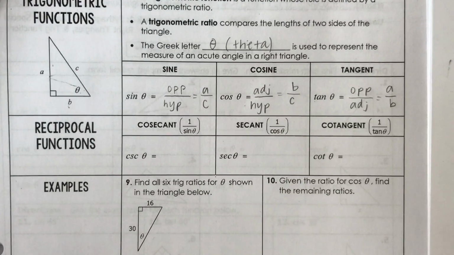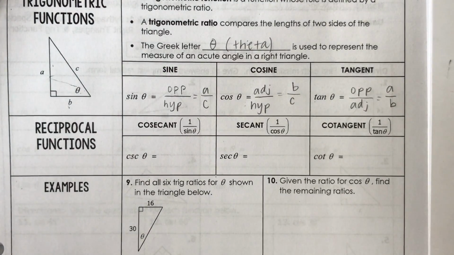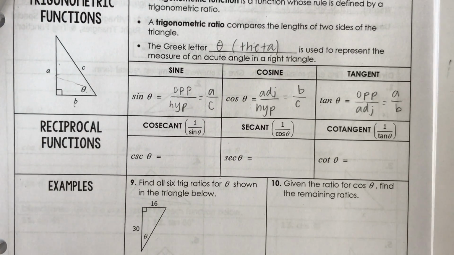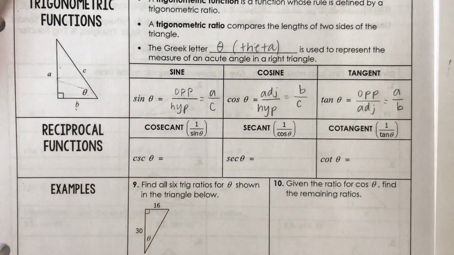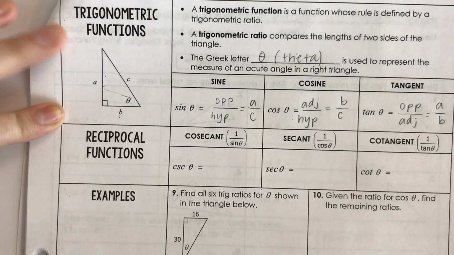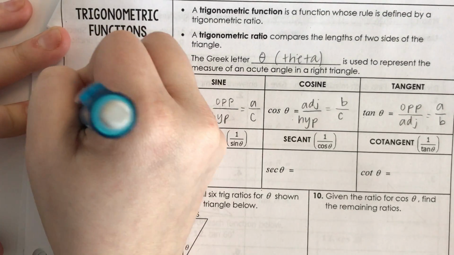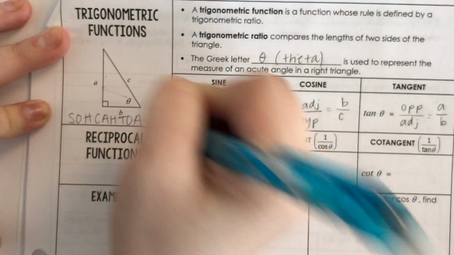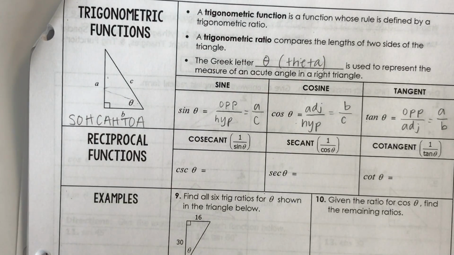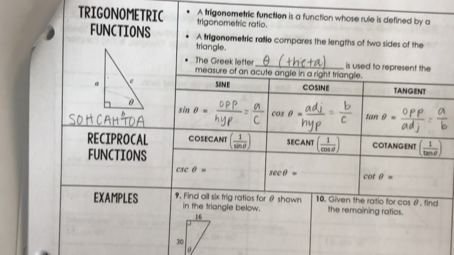This is a lot to remember, so I'm going to teach you a mnemonic device that will help you remember this, and you're going to write it on your paper right underneath this triangle. It's S-O-H-C-A-H-T-O-A. SOHCAHTOA. SOHCAHTOA will stick with you forever.